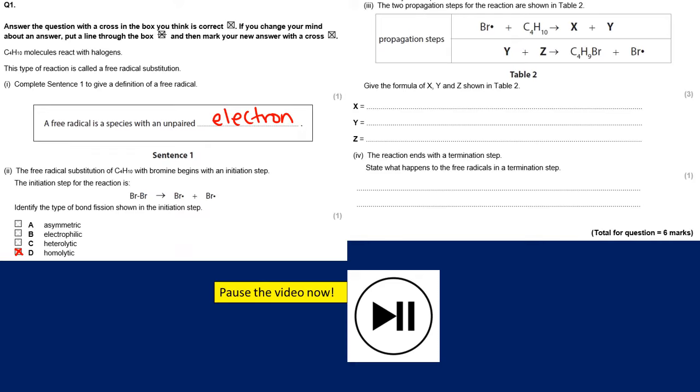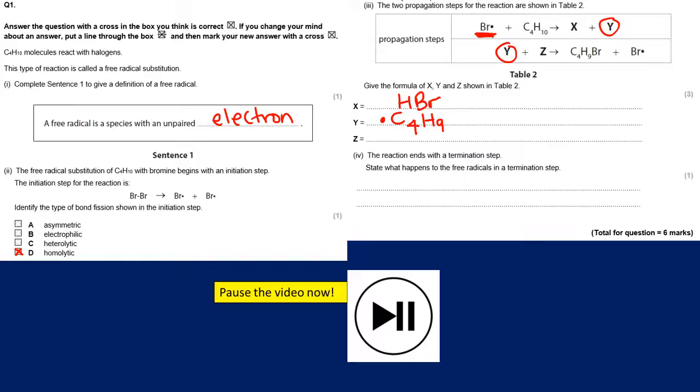Part 3 is slightly complex. We've got to recognise that Y is used up in the second step. So Y has to be our alkane with a free radical. So it's the dot C4H9. Because what happens in that first propagation step, this bromine free radical will remove the hydrogen, or one of the hydrogens, so it becomes HBr.